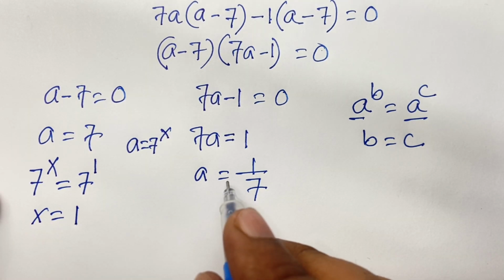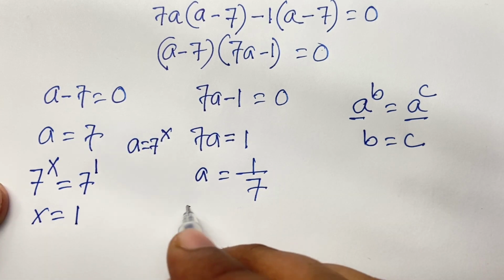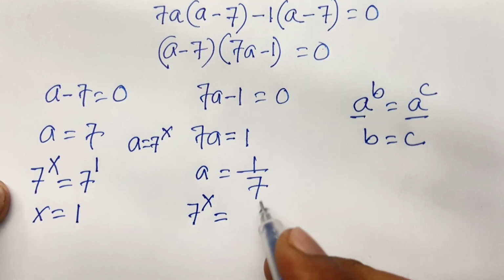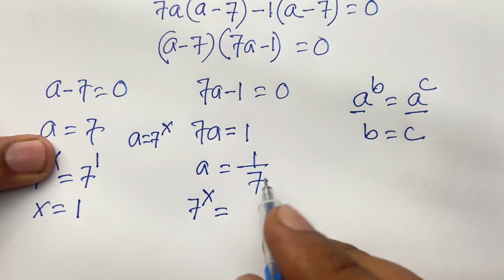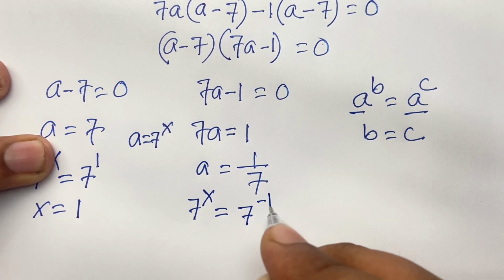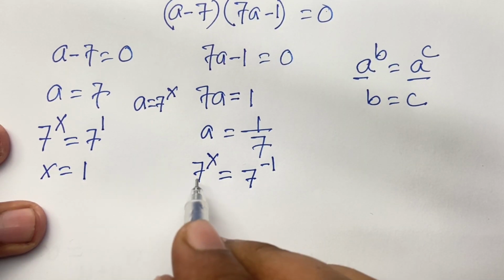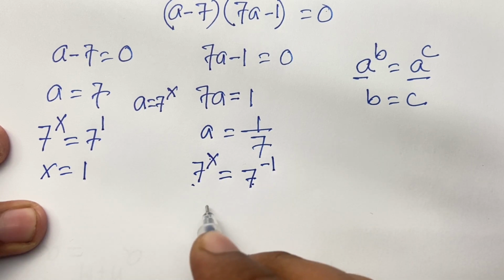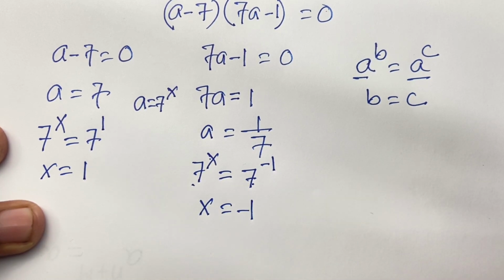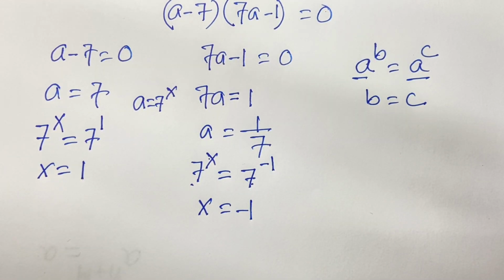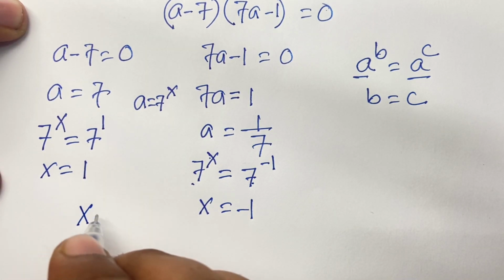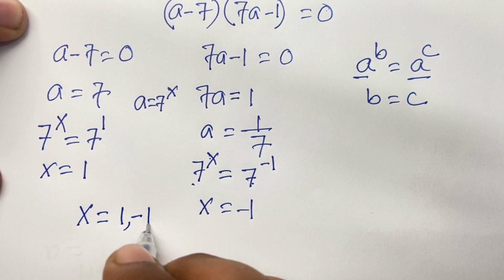And again, a equals 7^x, and 1 over 7 is 7^(-1). The base is the same, so the power is the same, so x equals minus 1. Now we find our final answer: x equals 1 and minus 1.